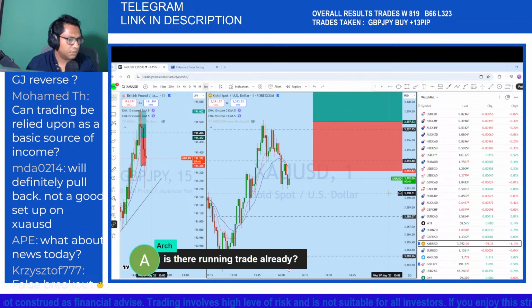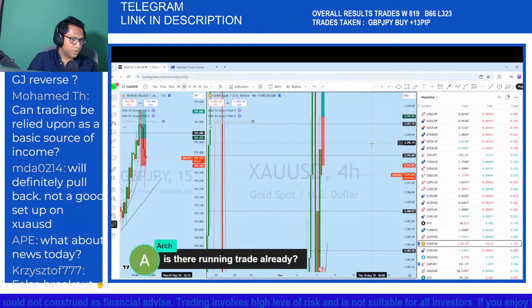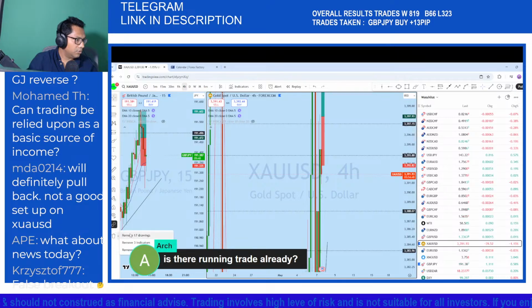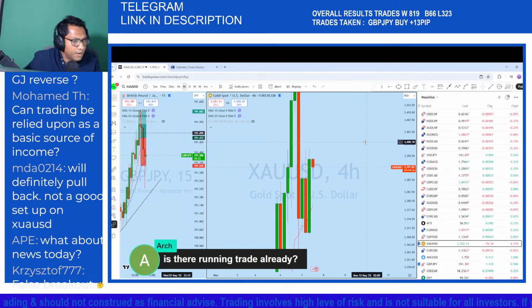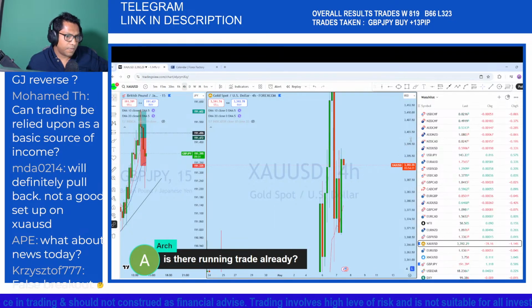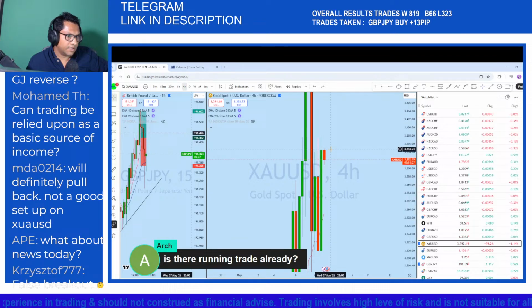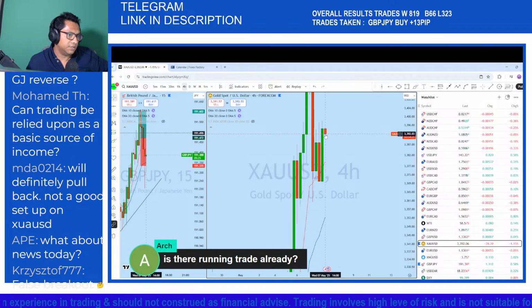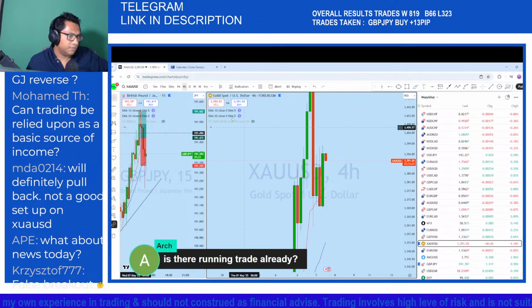So here, the 4 hour closed. Let's look at that here. Now if this market is not able to break the high, it can easily come back here again to the downside.